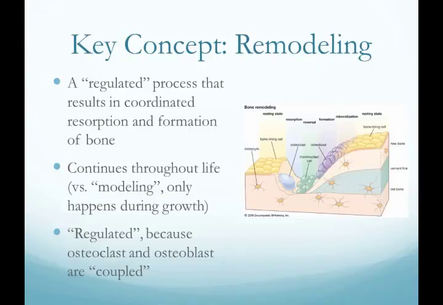So there is a lot of crosstalk, meaning that the osteoblast and osteoclast work very closely together. This process is called remodeling. Now, a couple of things that I want you to understand about remodeling is, first of all, it's a very regulated process, meaning that the osteoclast and the osteoblast work very closely together.